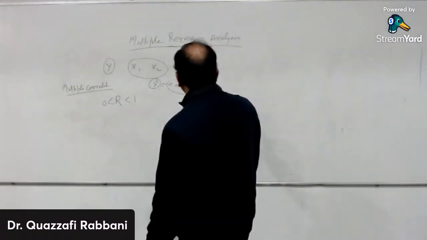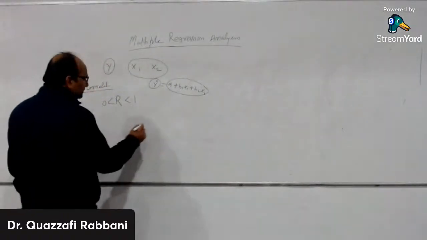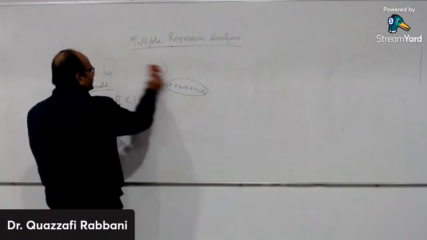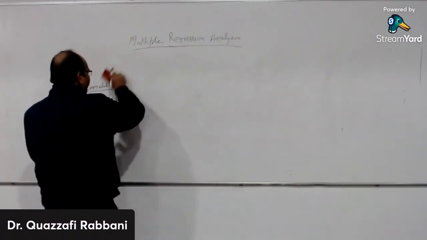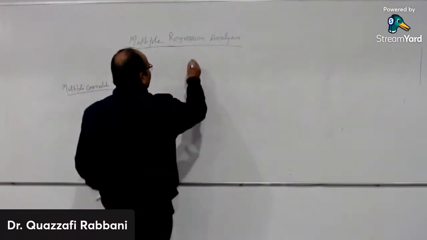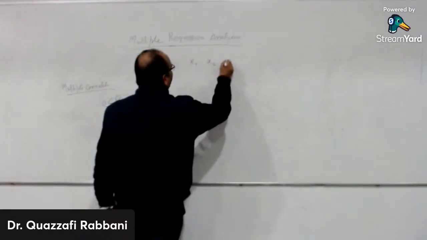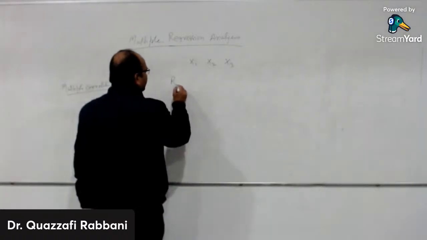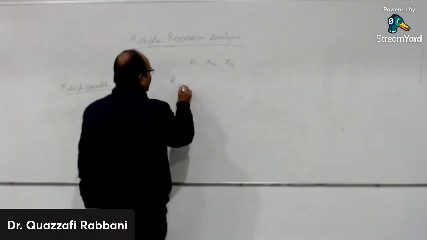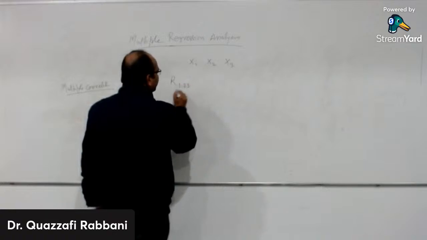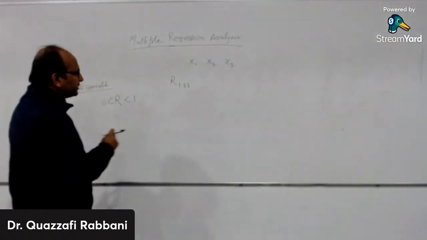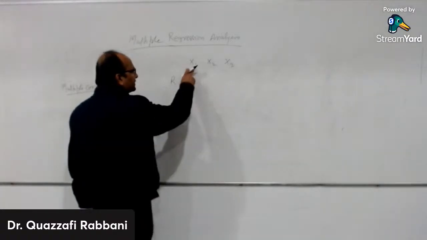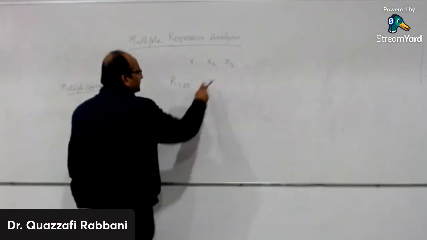And the formula for this correlation, suppose we have three variables, suppose x1, x2 and x3, then the multiple correlation is denoted by suffix 1.23, means 1 for x1, 2 for x2 and 3 for x3 variable.